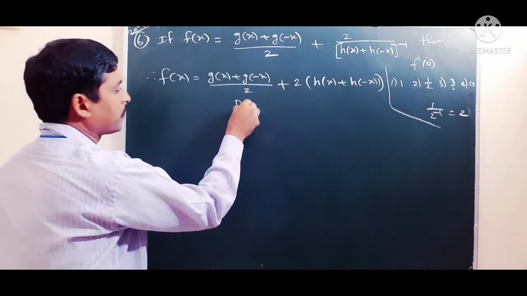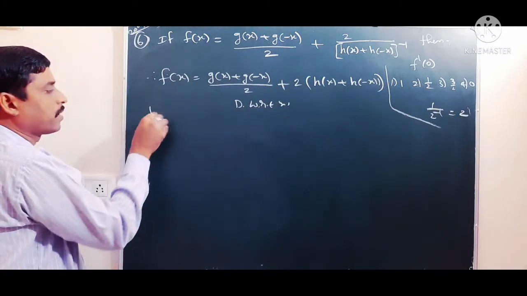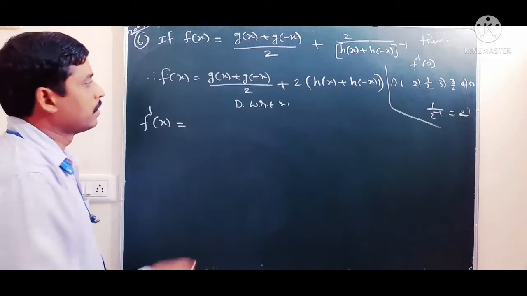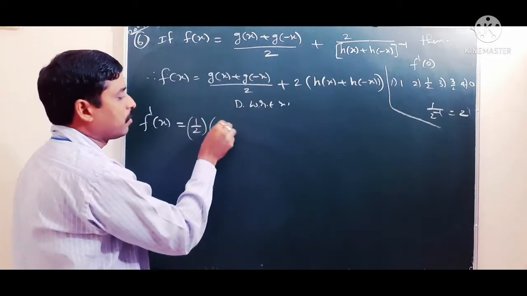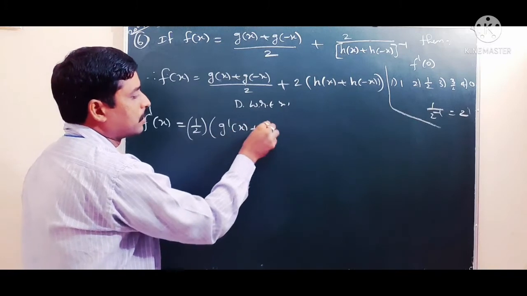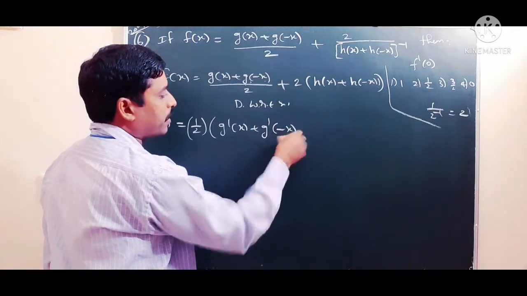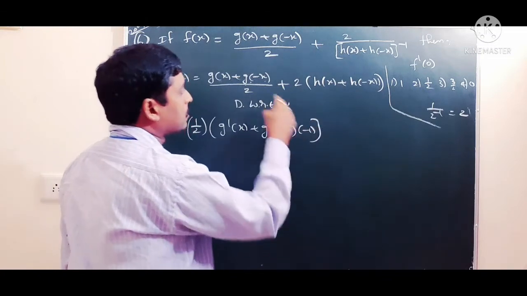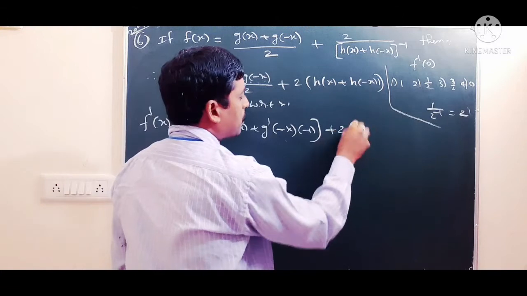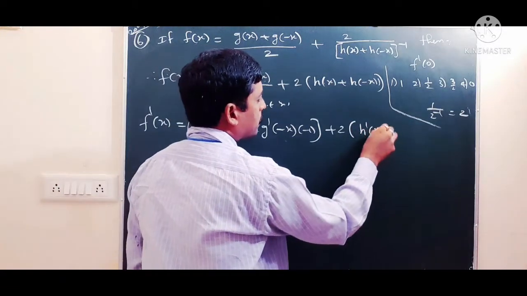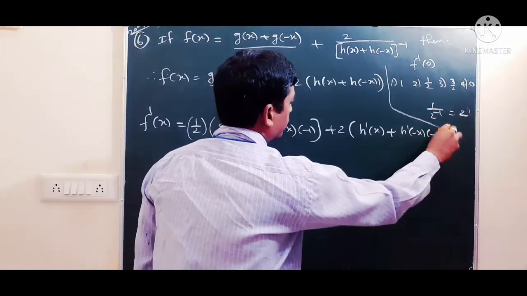Now differentiate with respect to x on both sides. The differentiation of f of x is f dash x. So 1 by 2 is a constant. The differentiation of g of x is g dash x. The differentiation of g of minus x is g dash of minus x into minus 1. Plus 2 times h dash x, h dash minus x into minus 1.